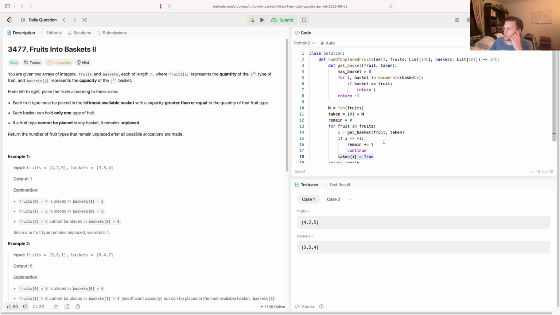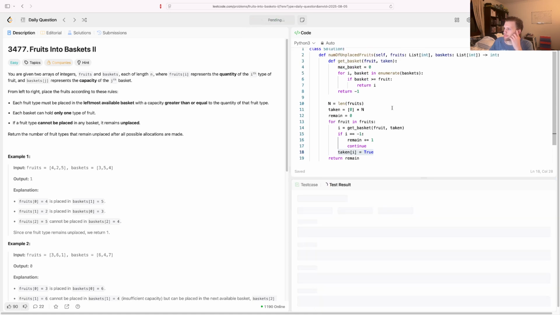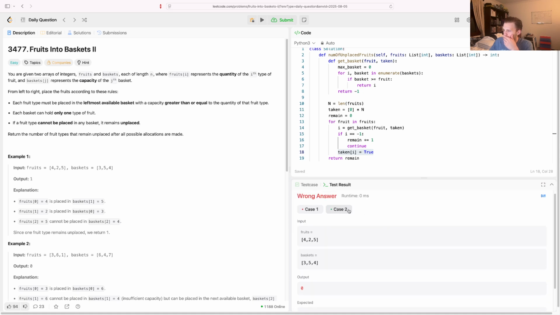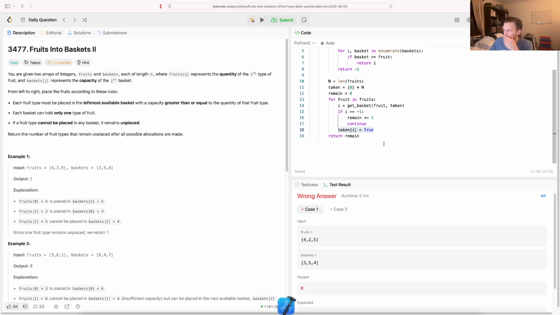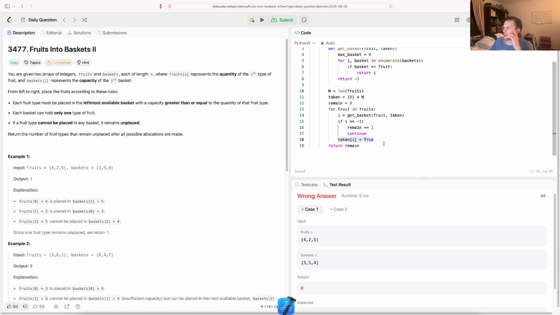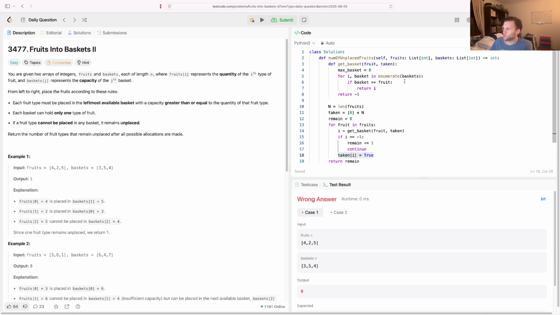Any silly mistakes? I want to get a one pass here. Let's see what we're getting here. Oh, I forgot to add this, and not taken.